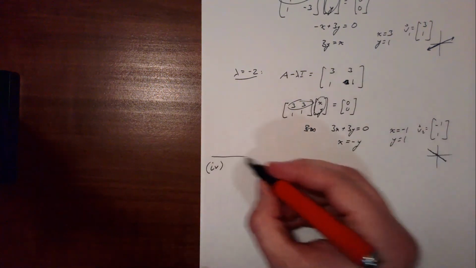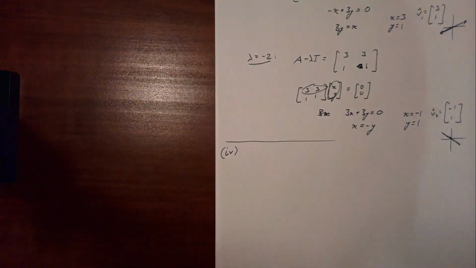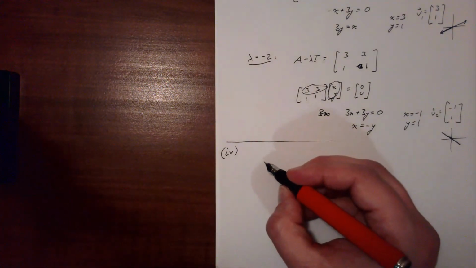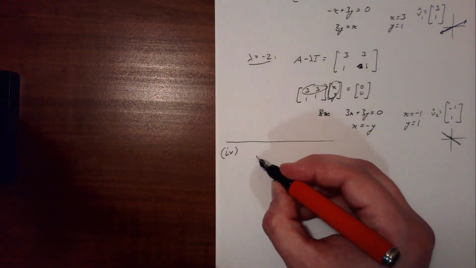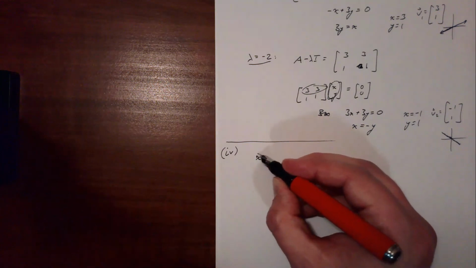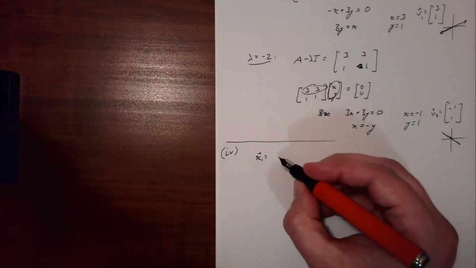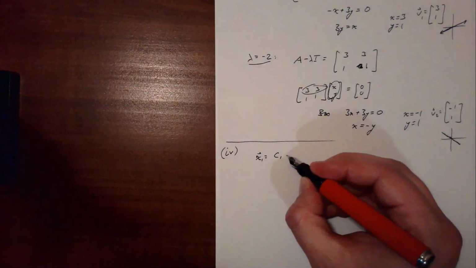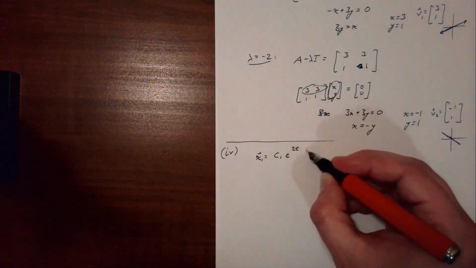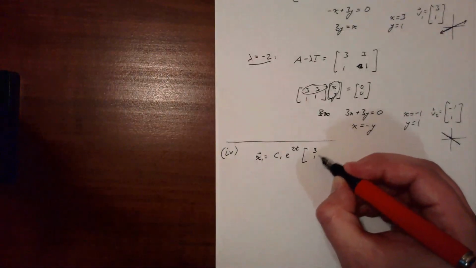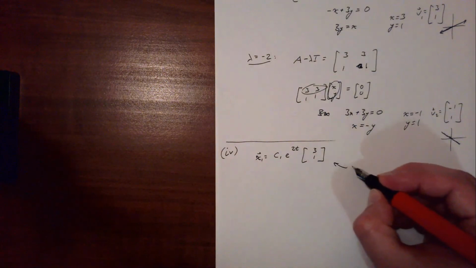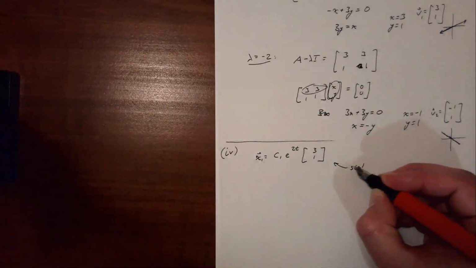Now, of our 2 straight line solutions, one of them is stable and the other is unstable. And it all depends on their eigenvalues. So x1, the first straight line solution, is going to be c1 e to the 2t times (3, 1). And this is stable. Sorry, unstable, I mean.